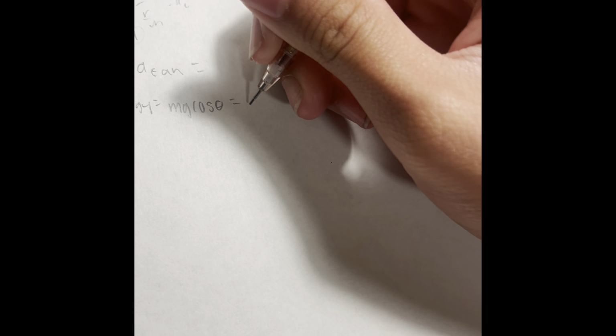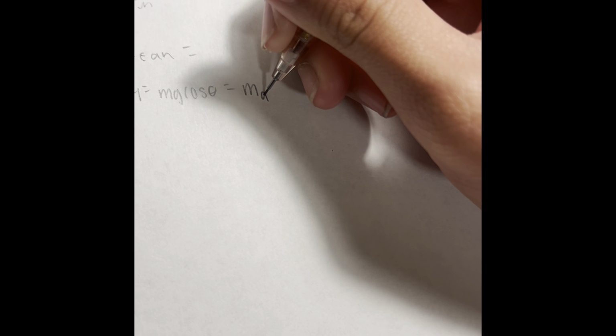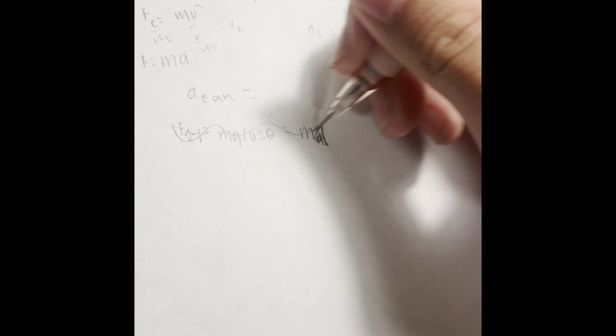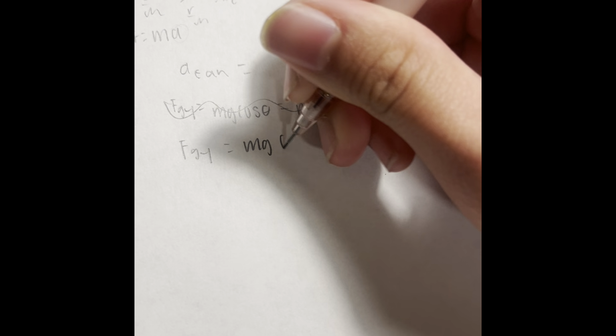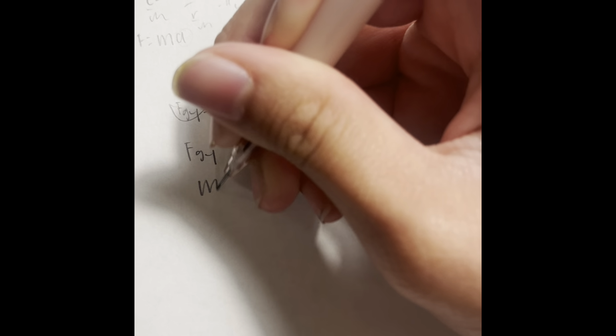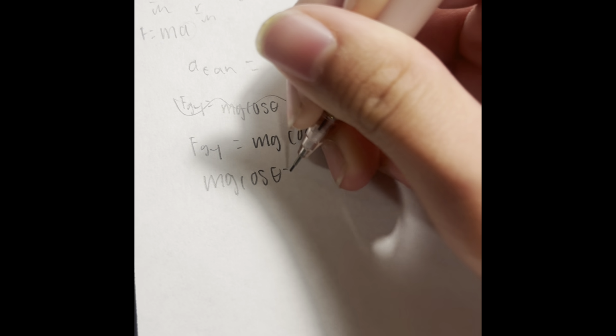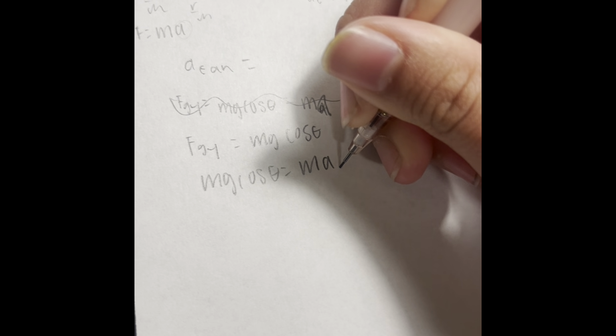F_gy is equal to mg cos theta. And then I'm going to set this to ma, and this is ma. Oh my god, that's ugly. F_gy is equal to mg cos theta. Mg cos theta is equal to ma tan. And then just isolate for a tan, I'm going to divide both sides by m.